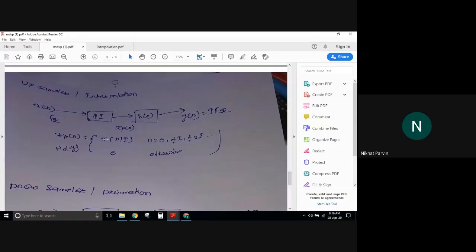The formula for the interpolation is something like this: xp of n equals x of n by I, where n values are 0, plus or minus I, plus or minus 2I and so on. Otherwise, it is 0. This relationship is important whenever you are explaining interpolation and decimation, because it will help in the derivation for interpolation and decimation.